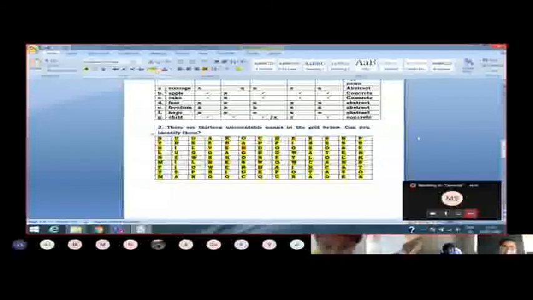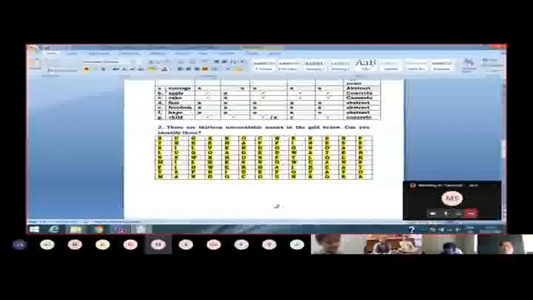Now identify the uncountable nouns that are there. Anybody can say any word you think is uncountable. Sugar. Sugar, yes. Cheese. Cheese, very good.